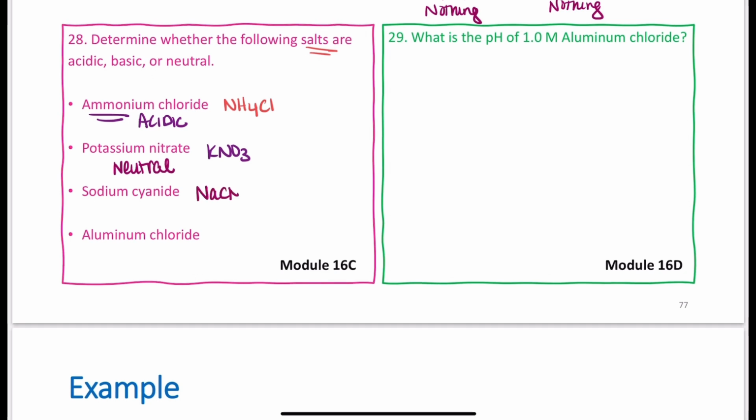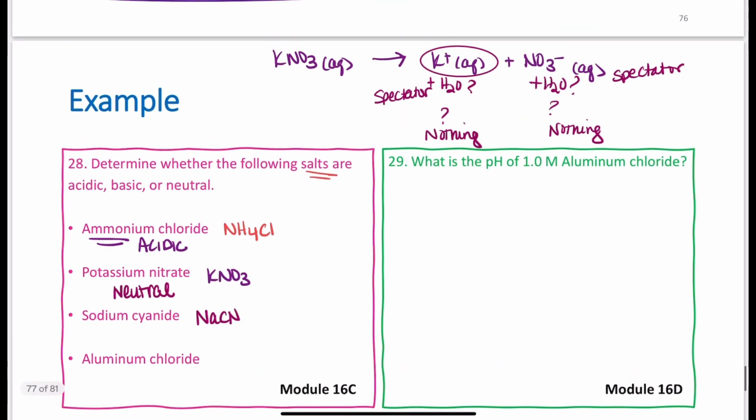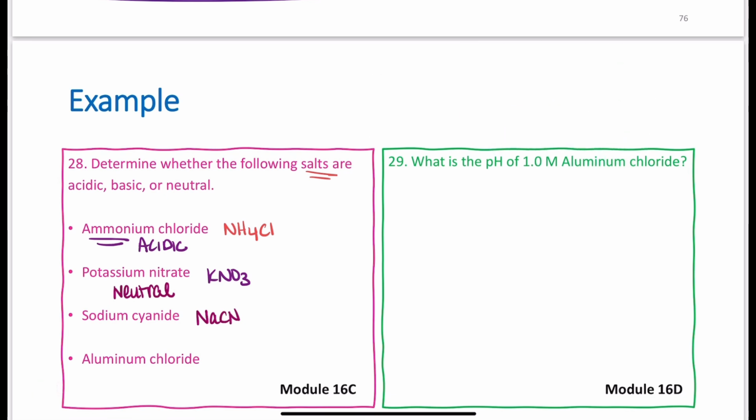What about sodium cyanide? NaCN. In water, this dissociates into sodium ions and cyanide ions. So again, in order for them to dissolve, they have to be in water. So this is with water.